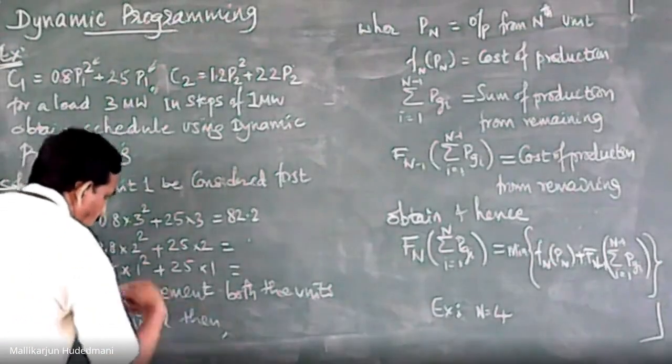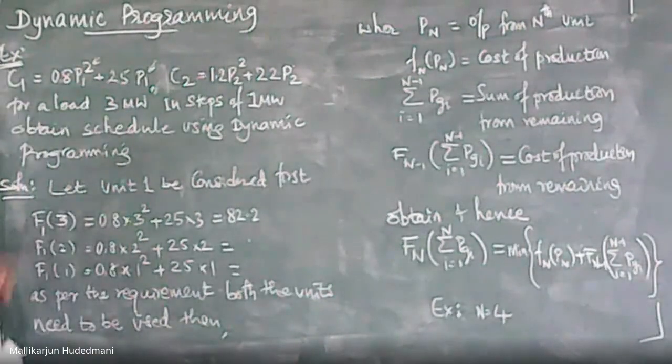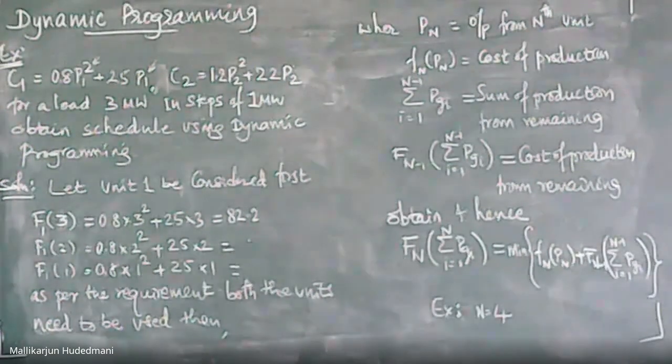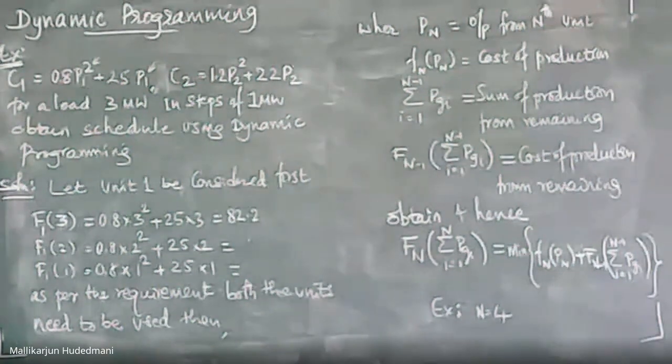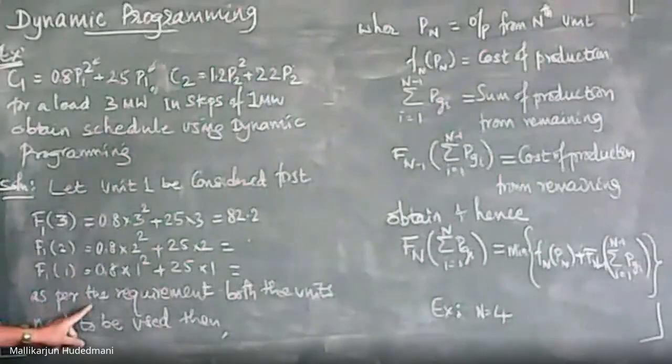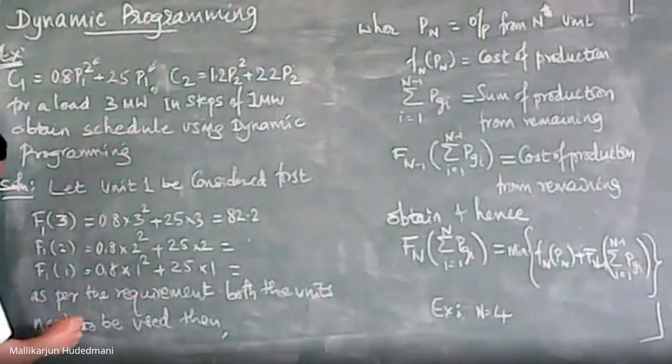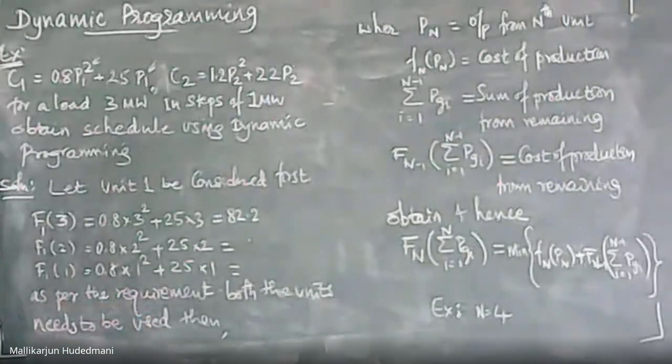Then, as per the condition, both generators I must schedule for 3 megawatt in steps of 1 megawatt. What will be the share of generator 1 and generator 2? For 2 megawatt, what will be the loading pattern? For 3 megawatt, what will be the loading pattern of generators 1 and 2, in steps of 1 megawatt?